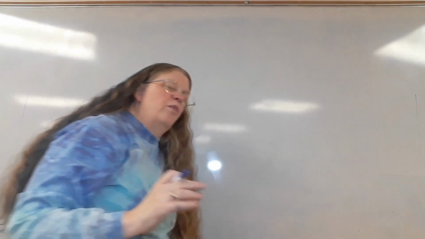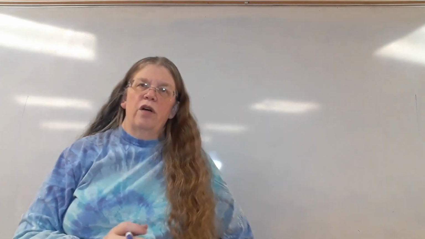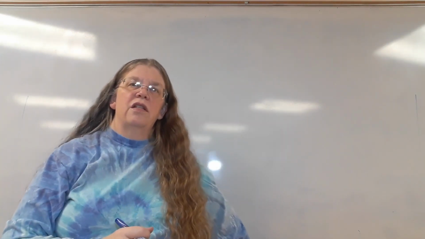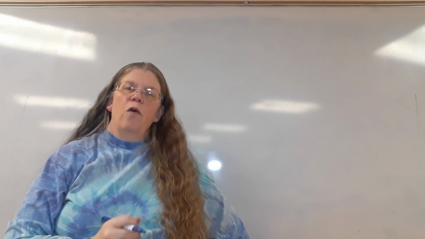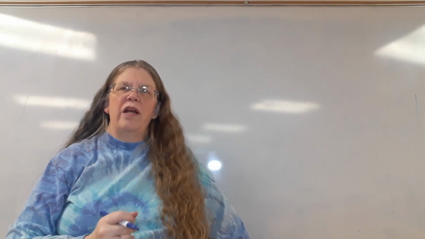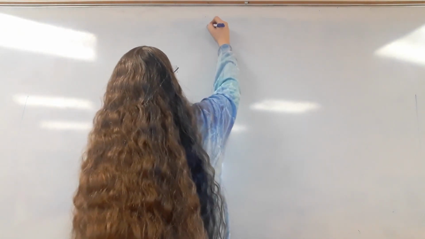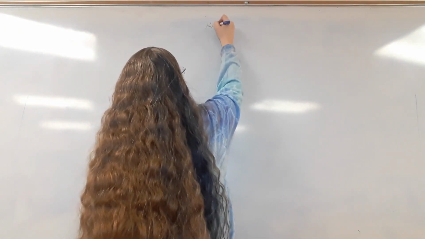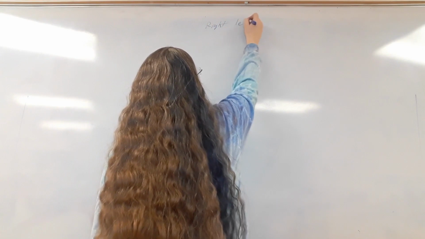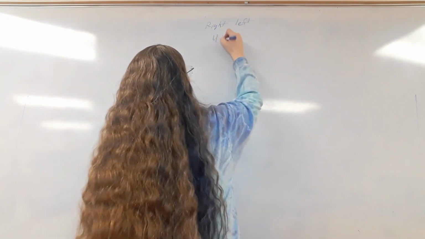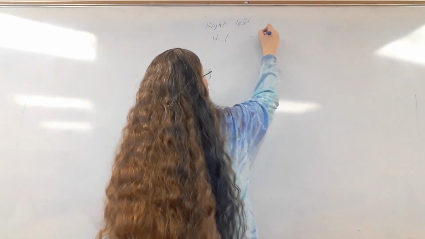All right, we did another problem like this earlier with the students in art class. There was 4 out of 5 that were right-handed. So we have right-handed and left-handed. 4 to 1 gives us a total of 5.